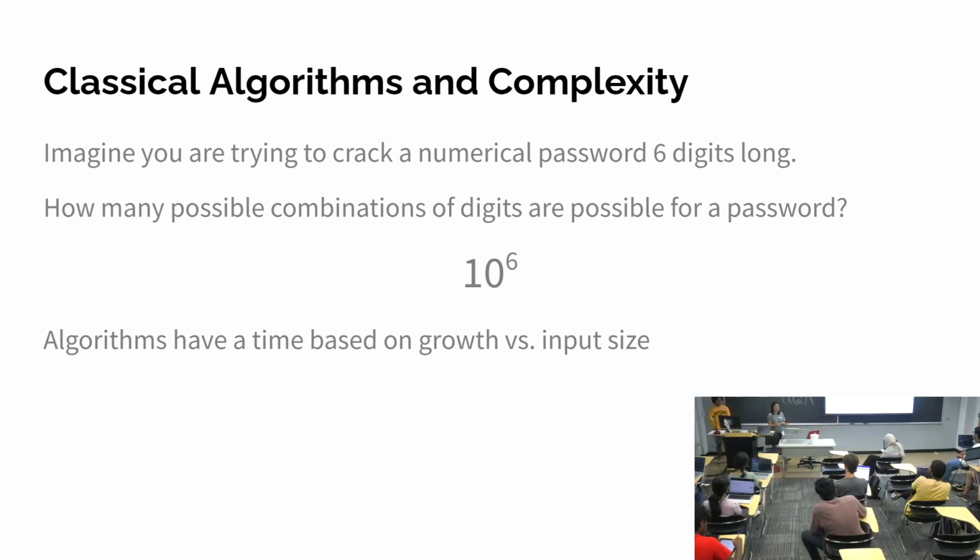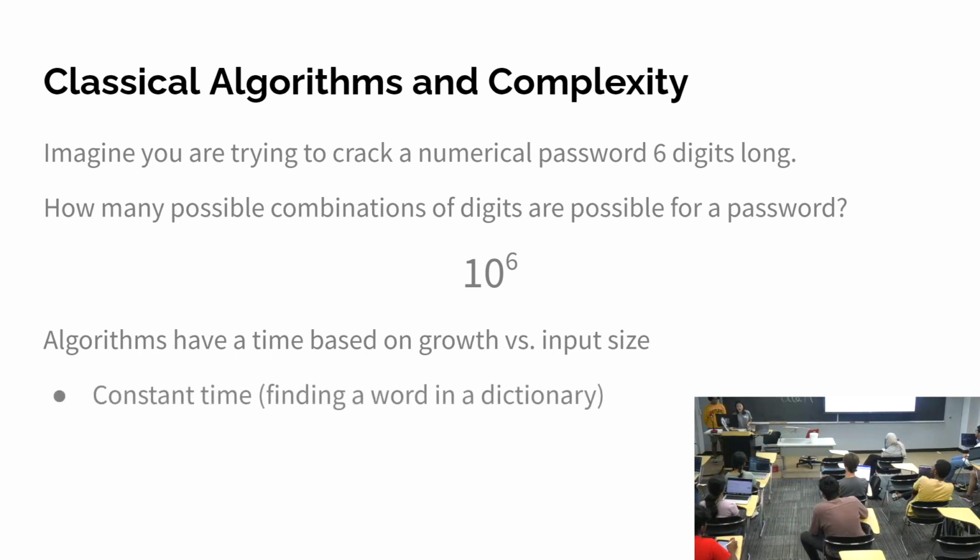If it's divisible by 2, you know you have an even number. If it's not, then you have an odd number. So the algorithm only has to look at one thing. It looks at that last digit, and then it tells you whether you're even or odd. So that would be an algorithm that is constant time, because you're looking at one input and it takes you essentially 1 unit of time to give you the answer back.